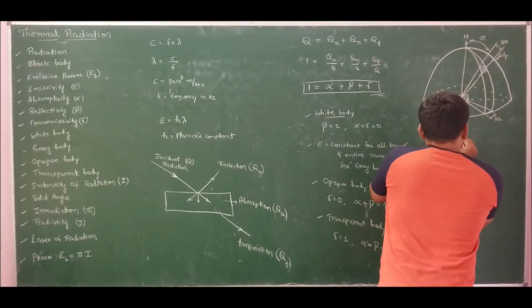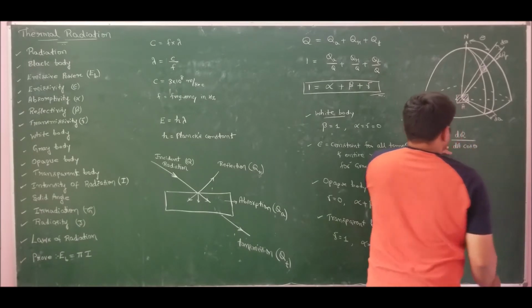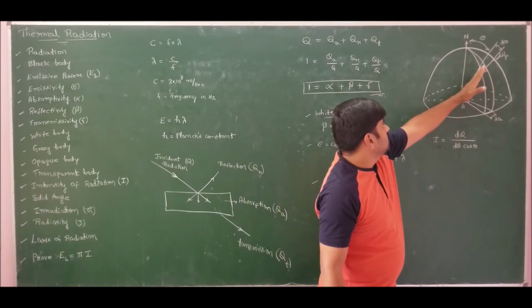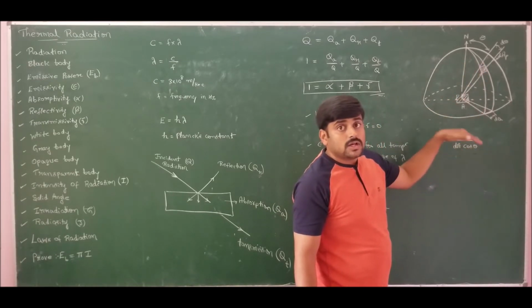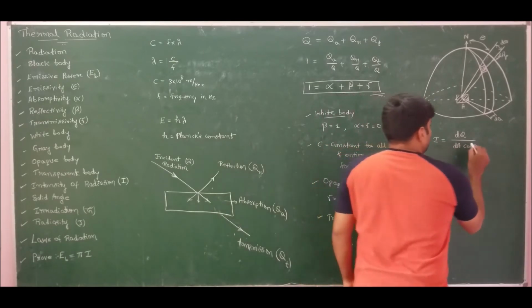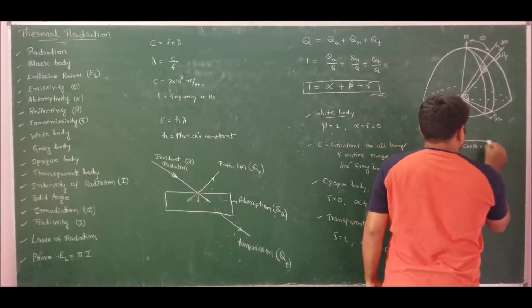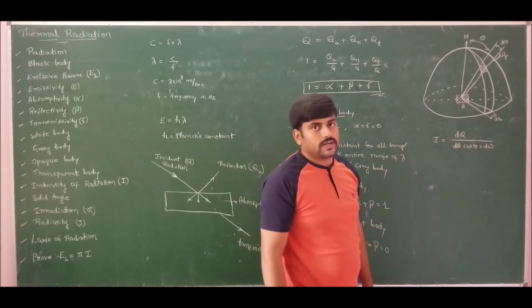So the amount of energy radiated, let me take it as dq, per unit area projected normal to the direction of radiation. I am projecting the area in the normal direction, so I should take it as cos theta, per unit solid angle. So I should multiply this by d omega, where d omega is solid angle.